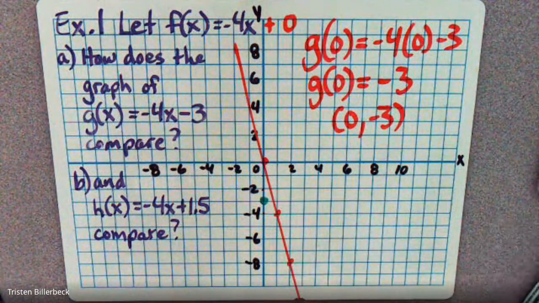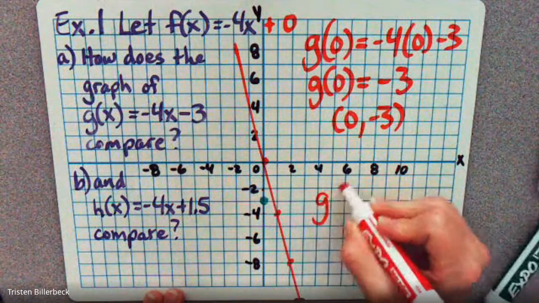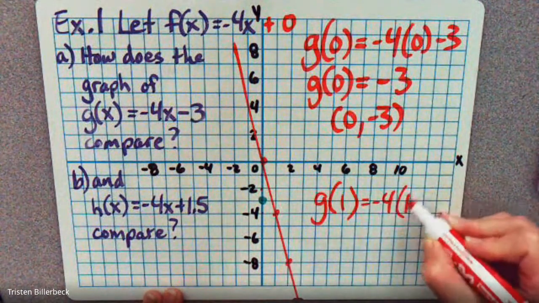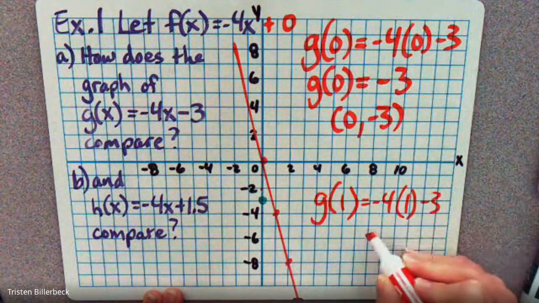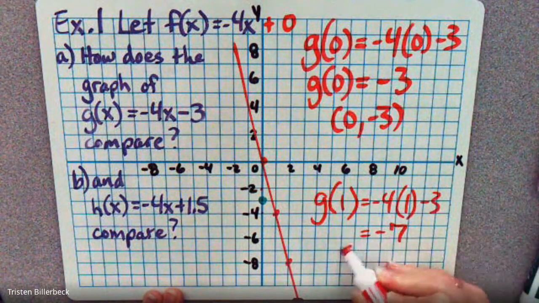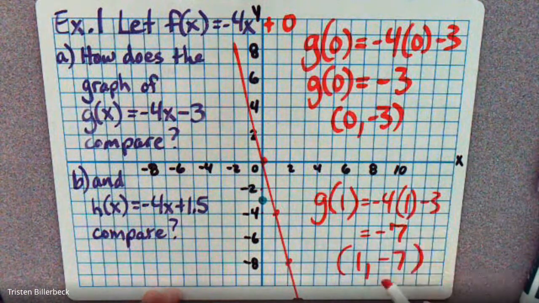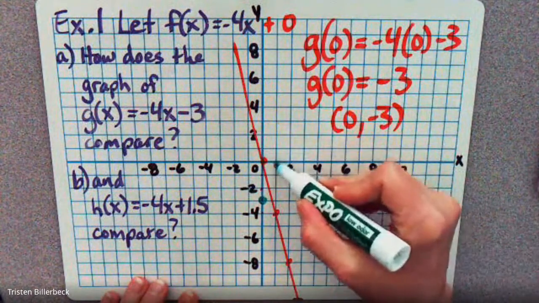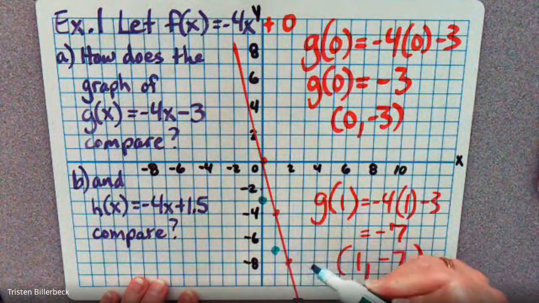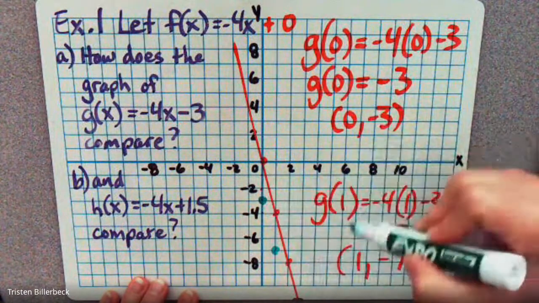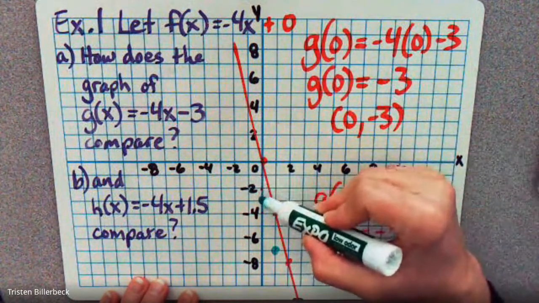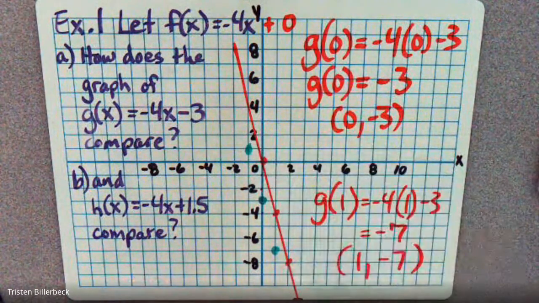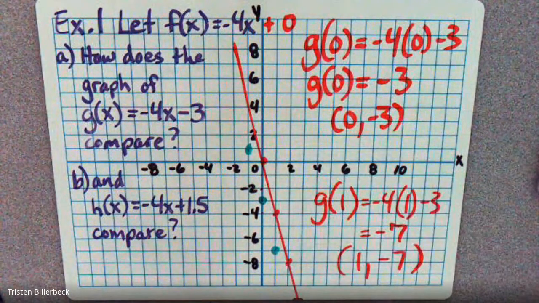Then if we go to g of 1, we have negative 4 times 1 minus 3, which gives us negative 7. So we have the point (1, -7). We go down here at x is 1, and then drop down to negative 7. We also know the slope of the line is negative 4, so from here we can rise 1, 2, 3, 4, run negative 1, and get our third point that way too.